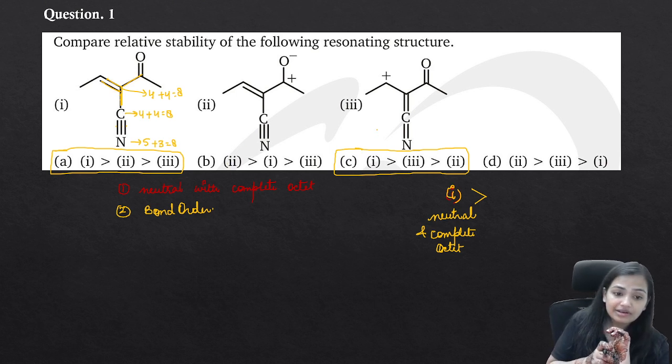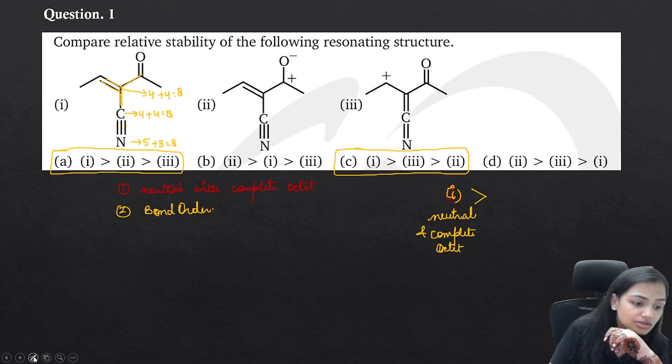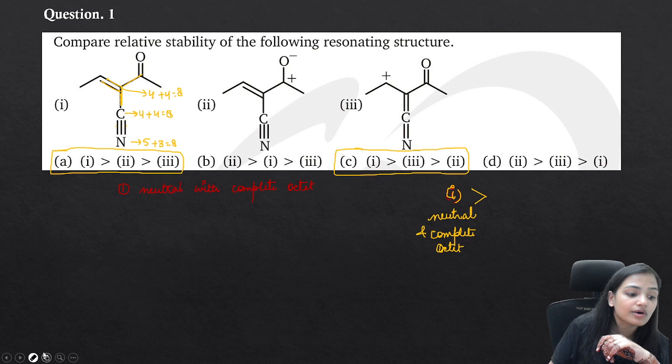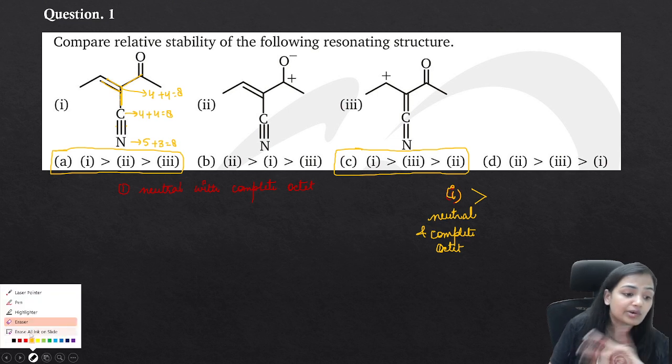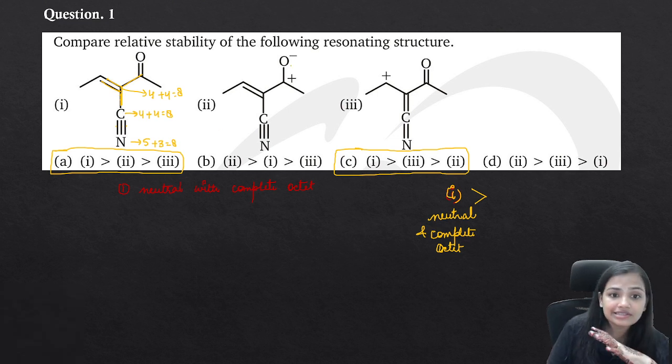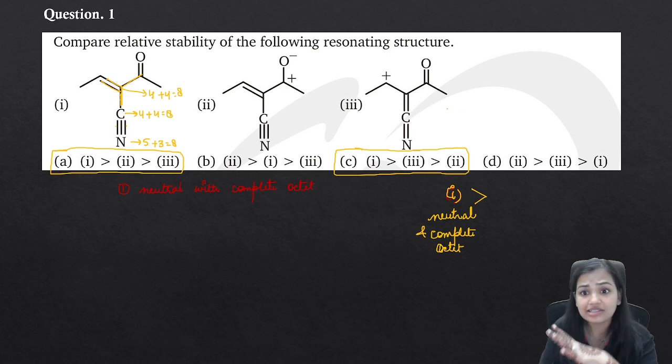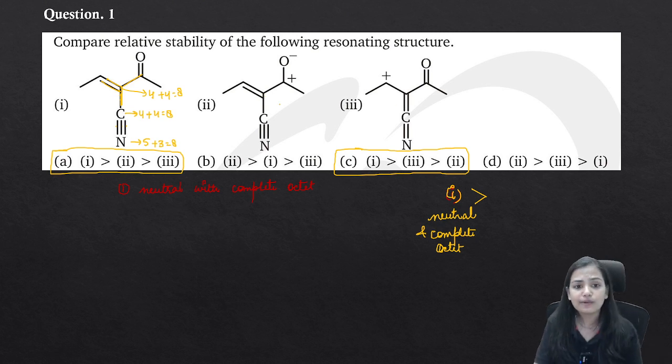So irrespective of moving on to step number 2, with the priority order 2, let us see: these are the charged species, but what about their octet? Let's have a look at their octet, then we will move ahead. Are you getting the point?